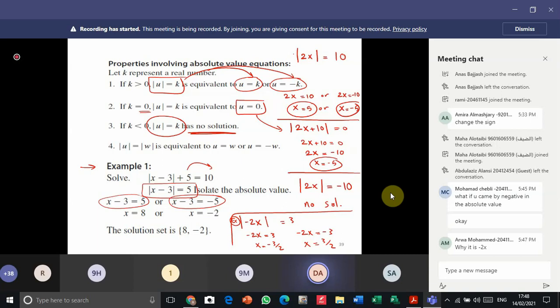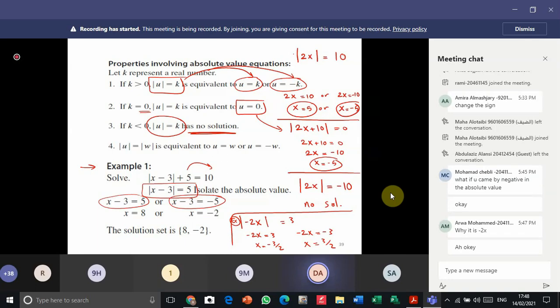I put it as an example. You mean with the absolute value we remove the negative? The absolute value doesn't remove the negative if we have a variable. If we have a variable, the absolute value may be x positive, may be x negative.